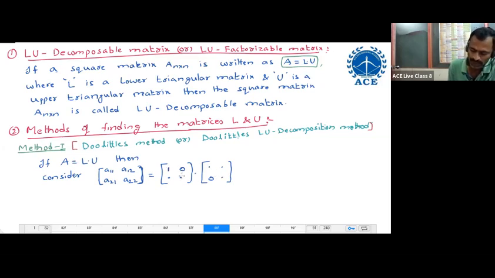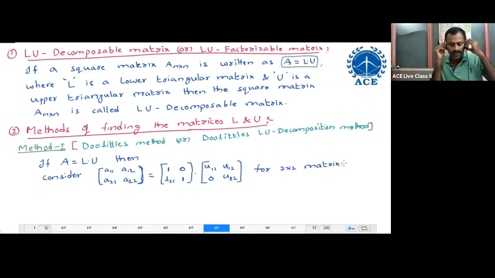Next, according to this method, we write the diagonal elements of L as 1. Here this is L21, and this is U11, U12, U22. This is for a 2 by 2 matrix.